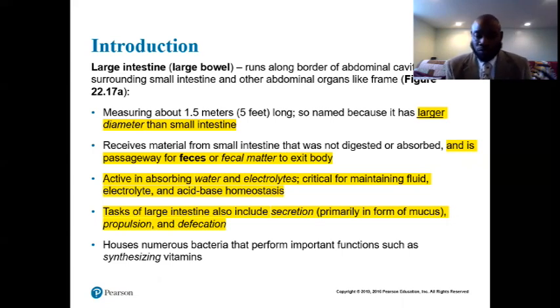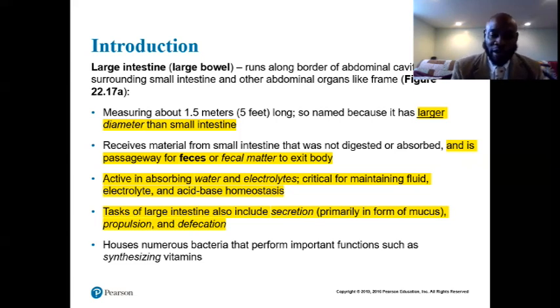So the large intestines is also active in absorbing water and electrolytes. We're going to talk about that. And there's the task of the large intestines to have some secretion and propulsion, got to move things along, and ultimately defecation, which is bowel movement, removing it from your body.